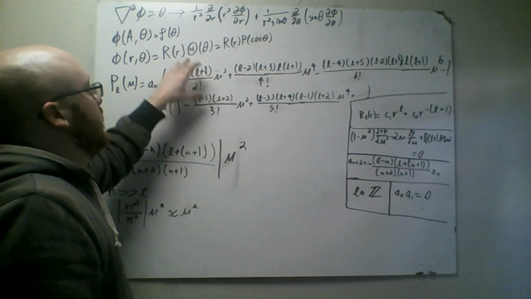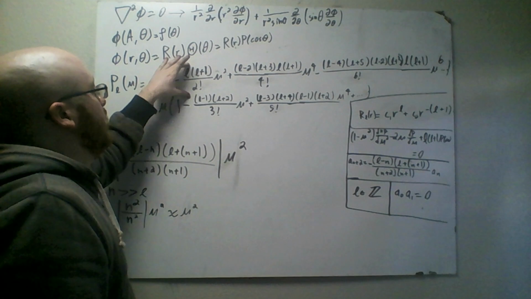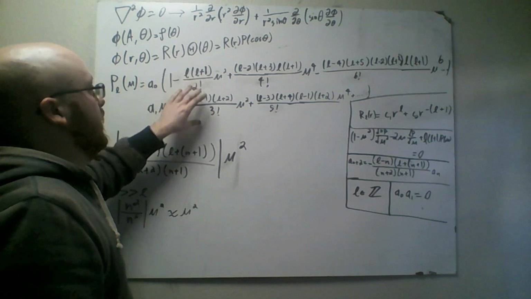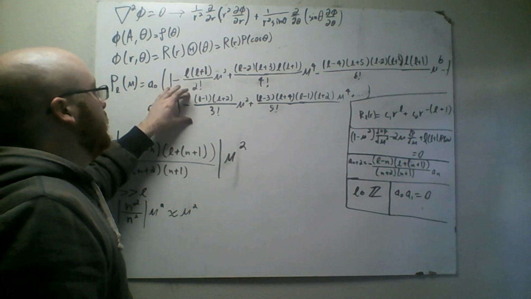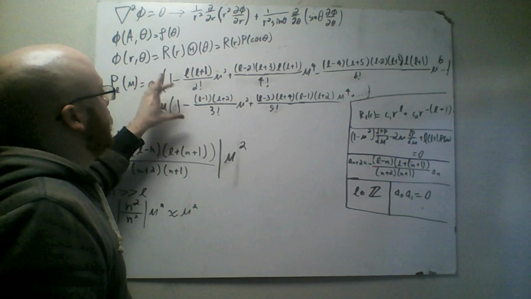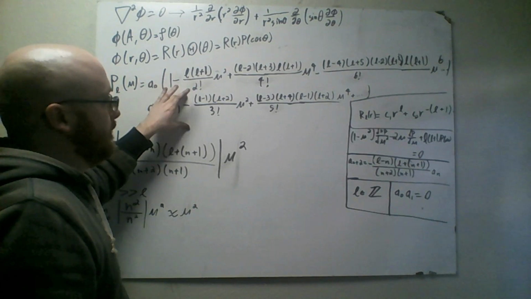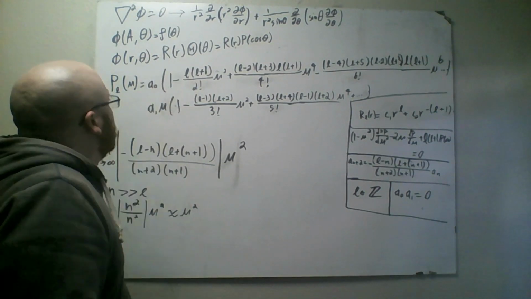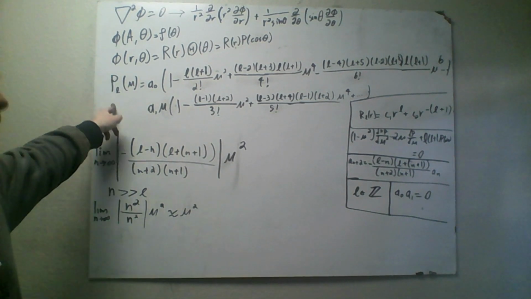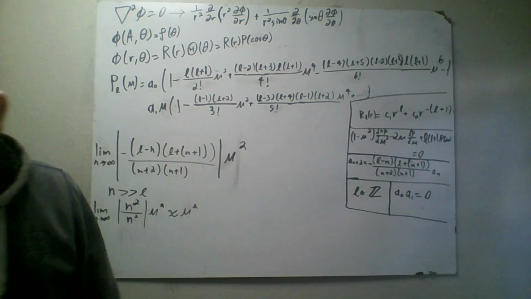So non-negative even or negative odd, we want to drop this. On the other hand, if we have a positive odd or a negative even, we want to drop this one, sorry. So what we end up getting, by the way, are the Legendre polynomials for specific values of L.